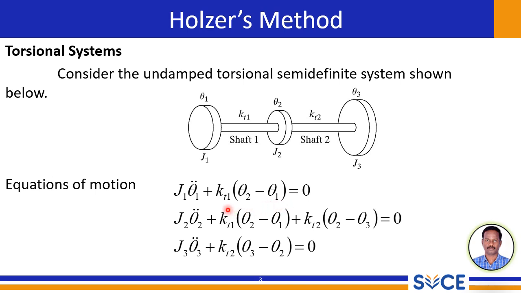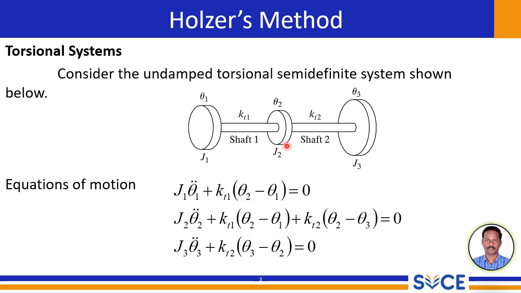So here the stiffness K1 is equally responsible for J1 as well as J2. Whenever there is a twist, theta 1 and theta 2 both will have an angular displacement. So the difference in these will be taken into account to calculate the stiffness force.